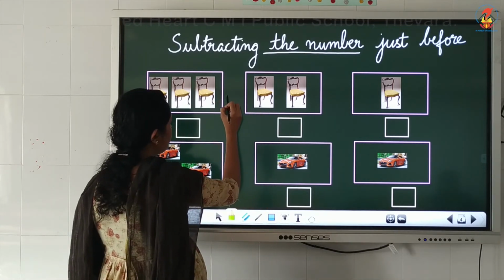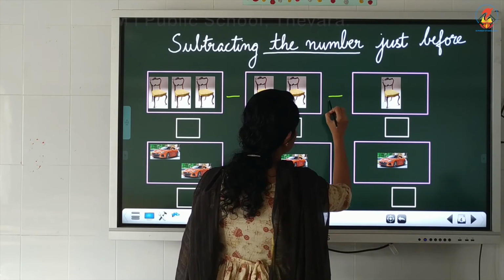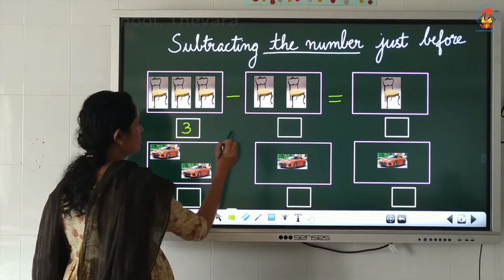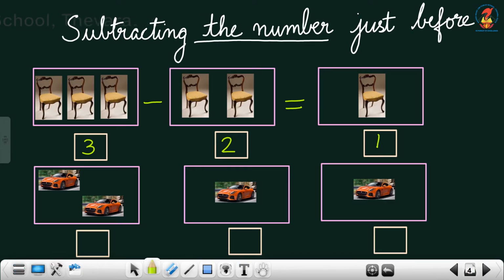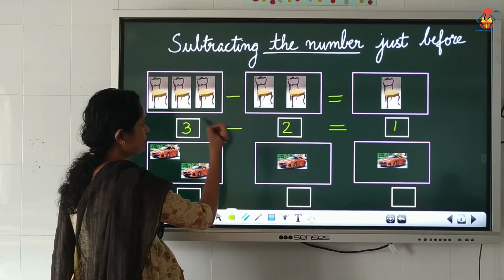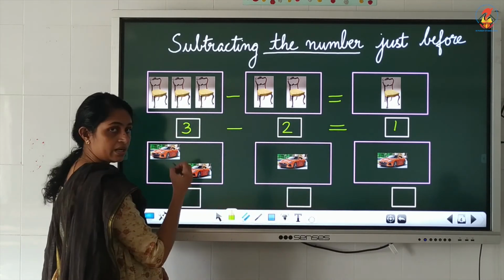From 3 we are taking away 2. So the answer is 1. We can write the numbers here. 3, 2, 1. And when we put the symbols, 3 minus 2 is equal to 1. This is the number that is coming just before the given number, and we are subtracting this from this. Answer is 1.